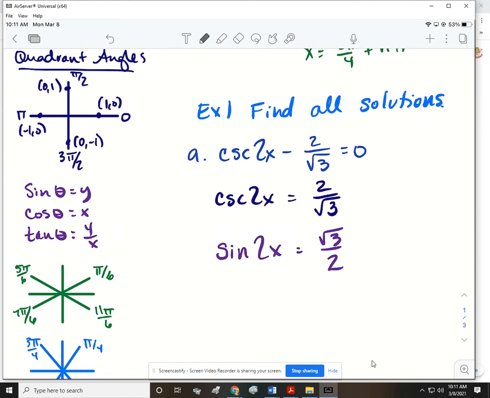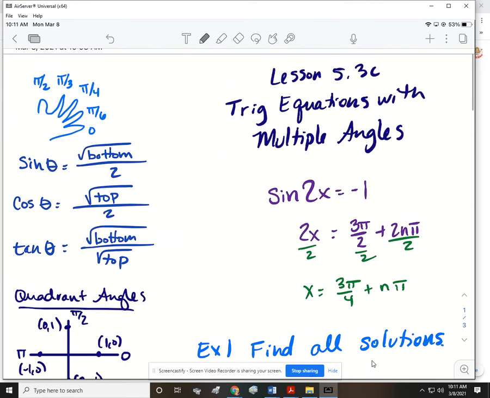So same thing. We just leave the angle alone, leave the 2x alone, and do the reciprocal as the sine and reciprocal the other side. Okay, and then for this one, we're doing the hand trick for sine, which is the square root of the bottom over 2. So we want 3 bottom fingers. If we're looking at the hand trick, 3 bottom fingers would be those 3, and the angle would be pi over 3.